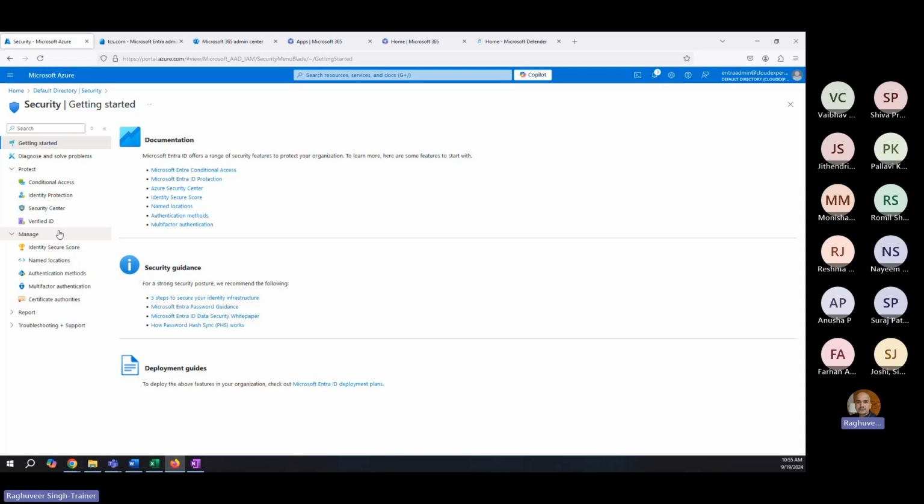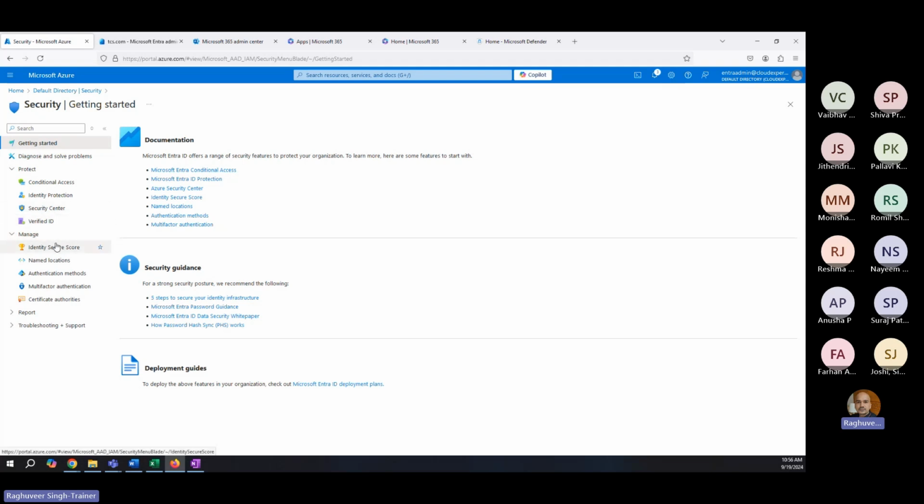Let's say you decide to go with a free license, and in the free license none of these capabilities are available. At least security defaults will protect your account. That's the concept of security defaults.